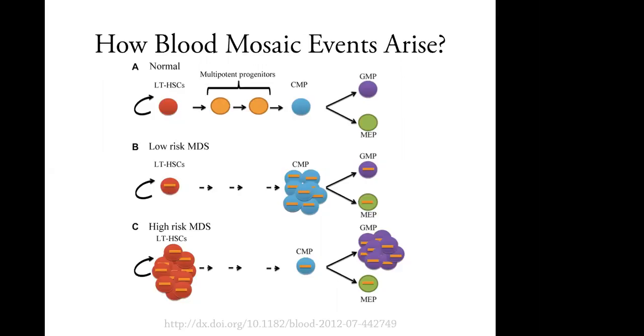predisposing to myelodysplastic syndrome. So what happens is there are a lot of progenitors produced, but you still have exactly the same number of copies of each certain cell. So they all will have it.